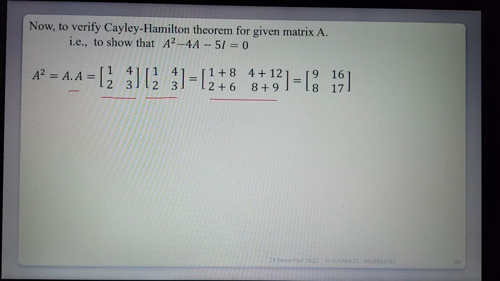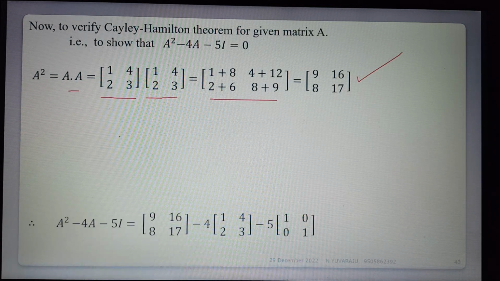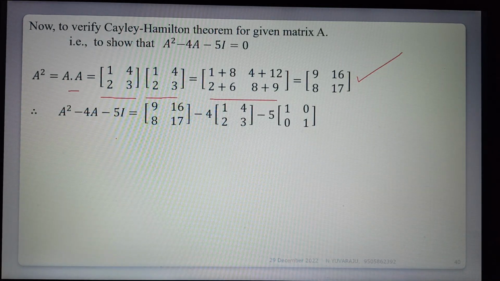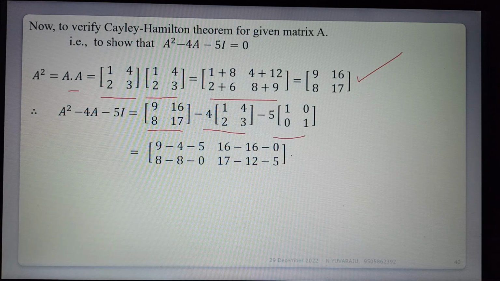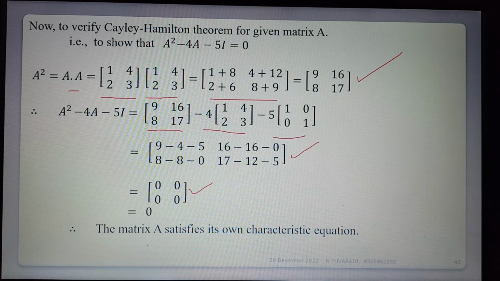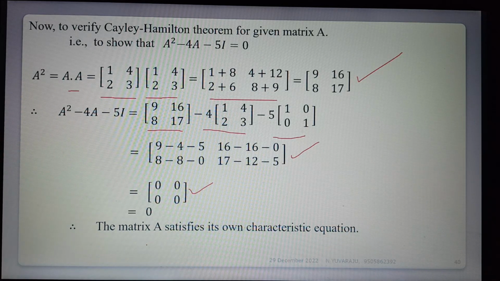So this is a multiplication of both matrices, the result matrix a square. Substituting here, a square minus 4a minus 5i is equal to a square minus 4 into a minus 5 into I. So that is equal, after simplification, 0 only. So 0 matrix. So therefore the matrix A satisfies its own characteristic equation. That is verified Cayley-Hamilton theorem.